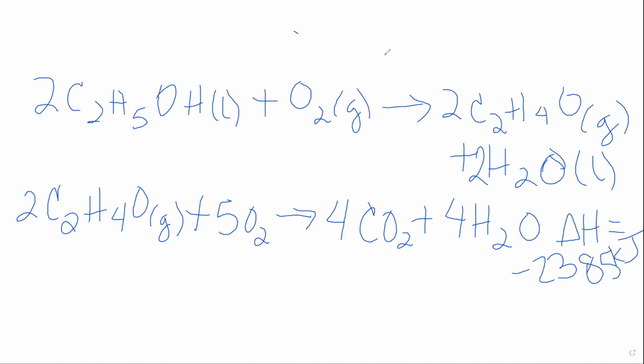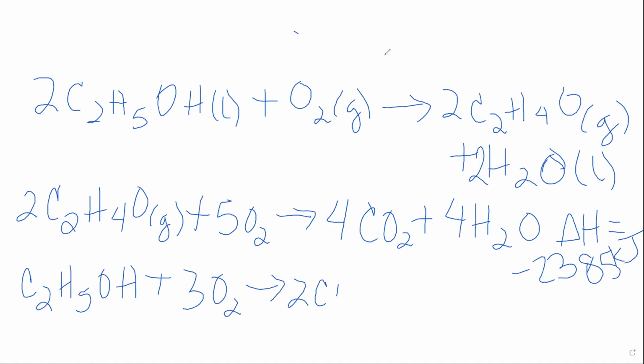All right, the next one, this is your reaction 1, and this is your second one, is C2H5OH, and I'm not gonna put liquid or gas or anything like that, plus 3O2, which is going to yield 2CO2 plus 3H2O.